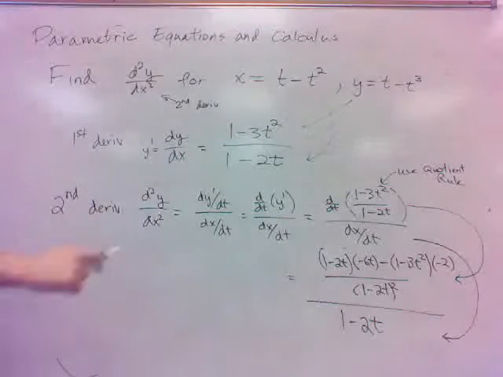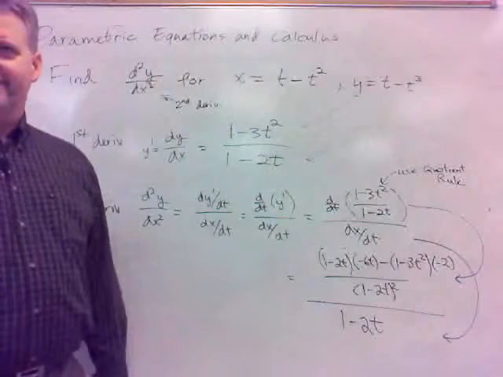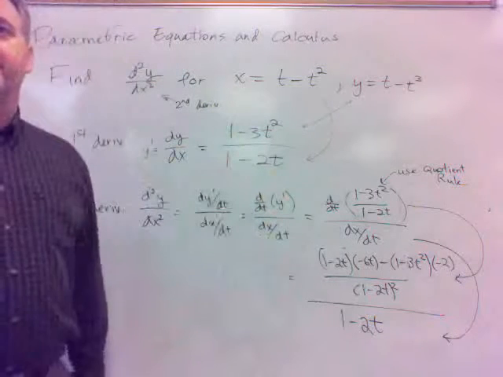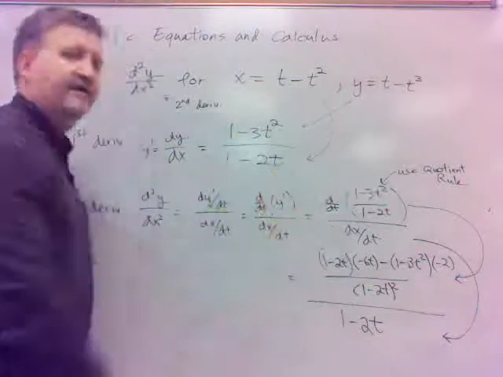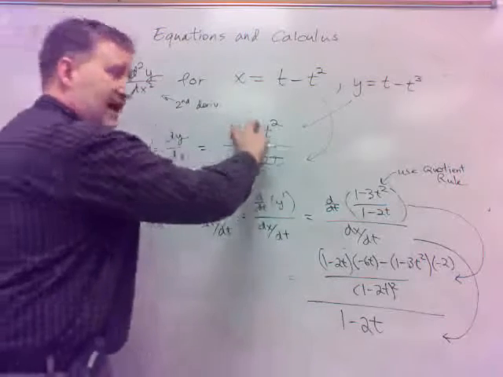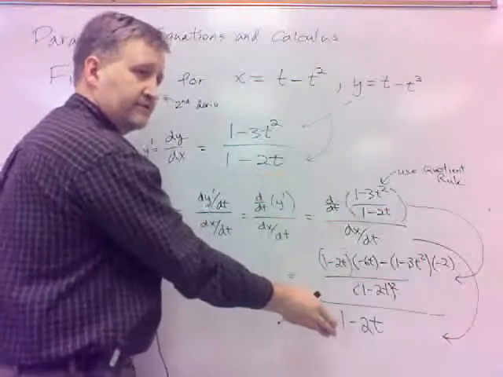We are doing another derivative of that. Here's what it boils down to. I need to do the derivative of that, which is the top. But what else do I have to do? Divide it by another dx dt. That's what it really amounts to. I've got to do the derivative of that, but then I have to divide it again by dx dt because we're in parametric here.